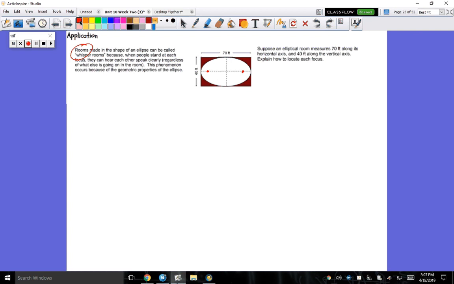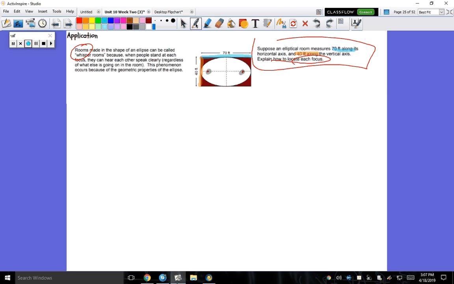All right, so suppose we have an elliptical room that is 70 feet long. Okay, that's that, and then we have the 40 feet long vertical axis. What we're trying to do is locate the foci. We're trying to locate where would these points be in a real-world application, because those would be the sweet spots, if you will. Okay?